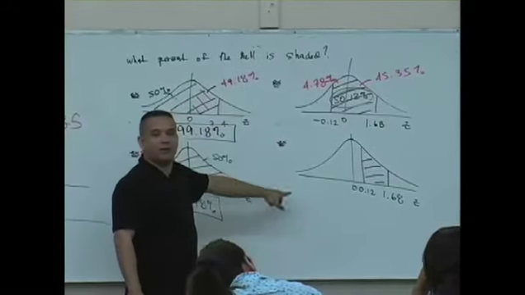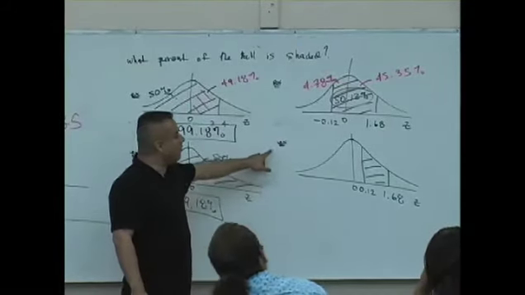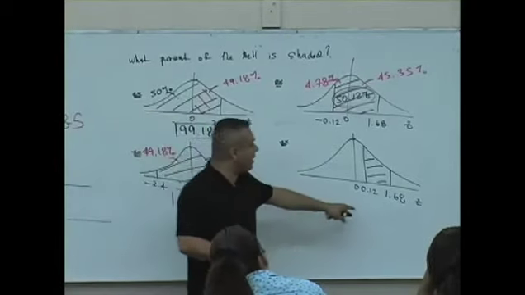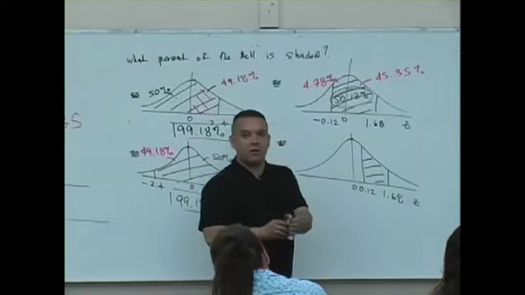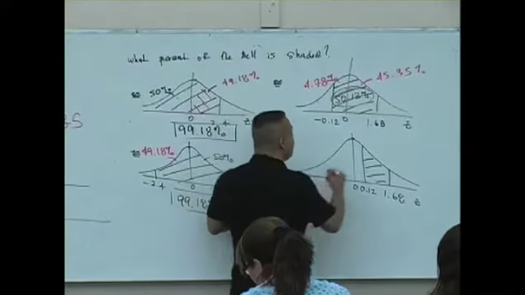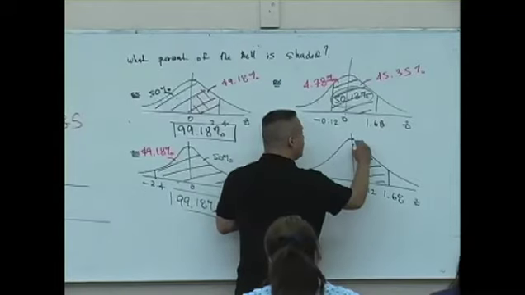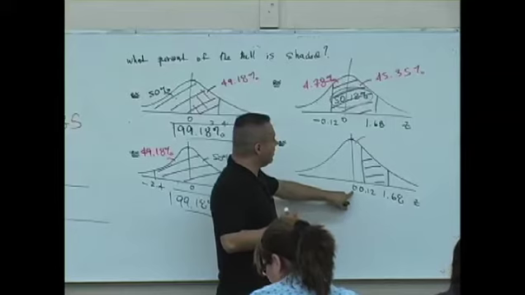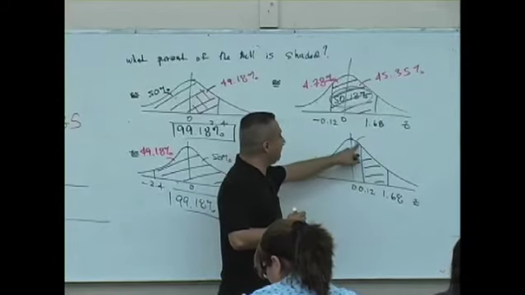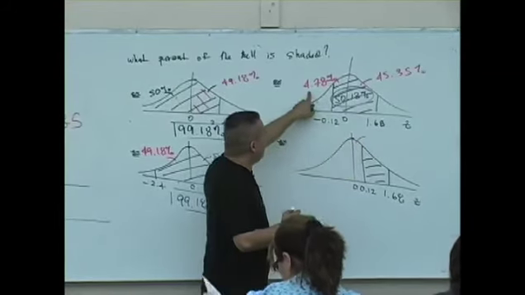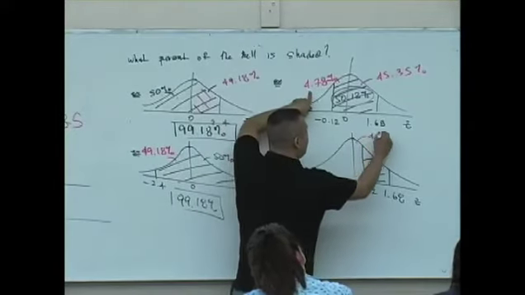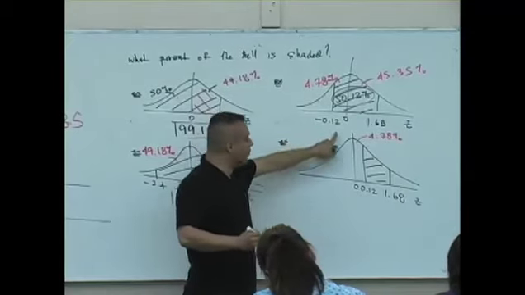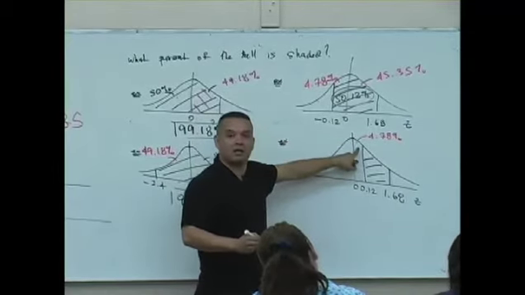Oh, this is the hard one, remember? It's not that bad. Why is it not that bad? Do you remember the format we did earlier? Did you guys take your notes? What was the key? If you knew how much is not shaded, how much is not shaded there? 0.12. How much is not shaded here? 4.78%.